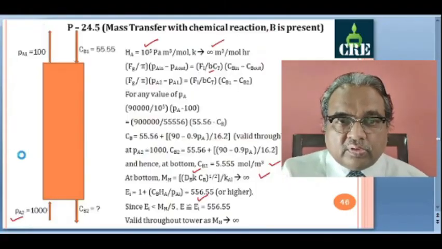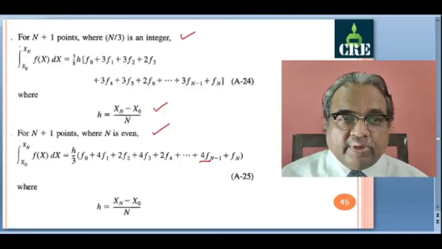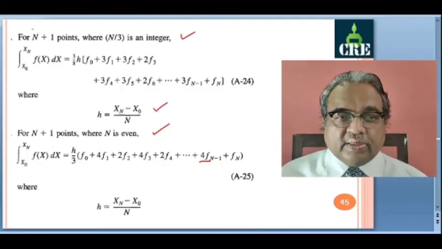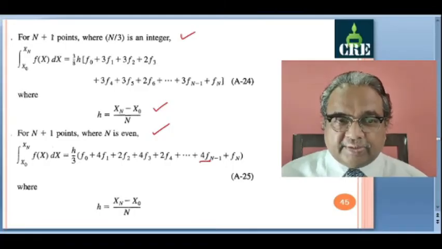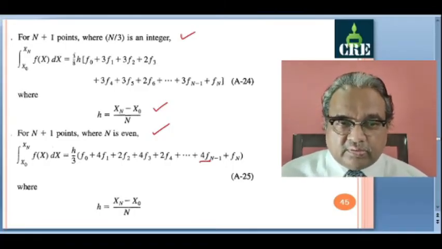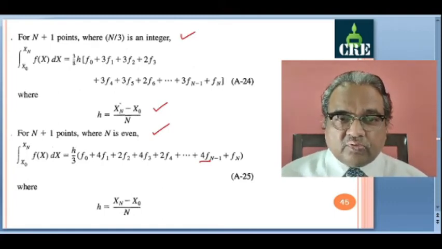So once again we will see this value we have calculated using this n plus 1 points, 10 points. So n is 9, 9 by 3, 3. So 3 by 8 into h is 1000 minus 100, 900 divided by 9, that is 100.